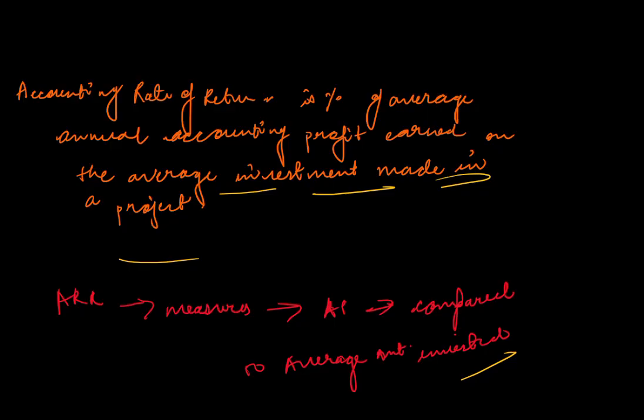So they use ARR method because it is easy to calculate, easy to understand, and very useful for beginners. Plus, it also helps managers who only focus on accounting profitability. However, you have to remember that ARR is a traditional method and is generally considered less accurate than NPV and IRR method because it ignores the time value of money.